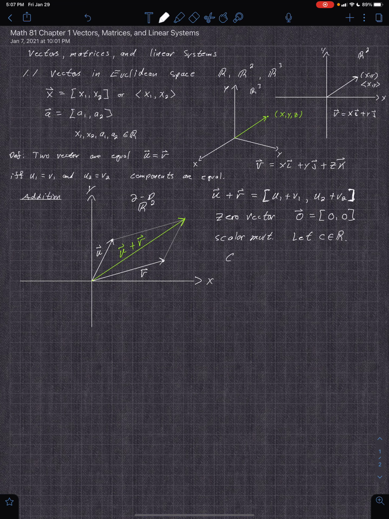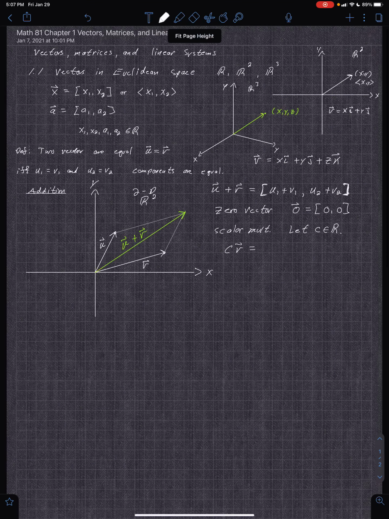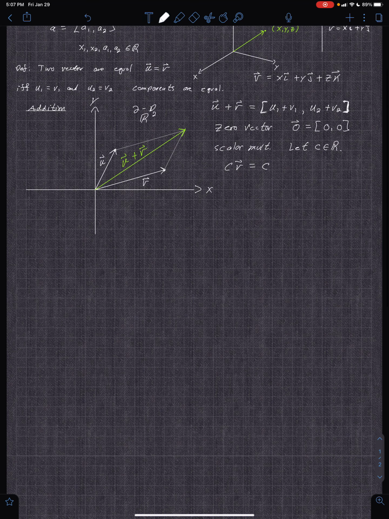Then c times the vector v is equal to your scalar multiple. Actually, let me put it in front. So c times v.